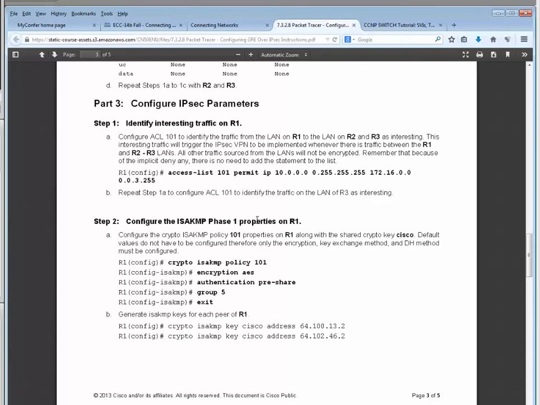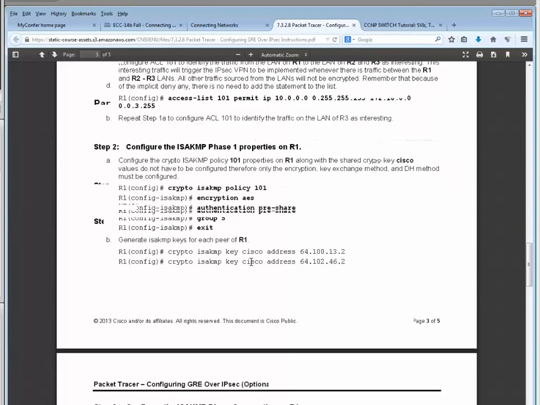That's your access list. Then you're going to configure the Diffie-Hellman configuration. That's ISAKMP. ISAKMP is the protocol used within Diffie-Hellman to create your shared secret keys.